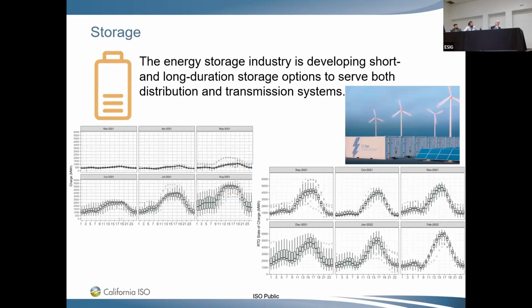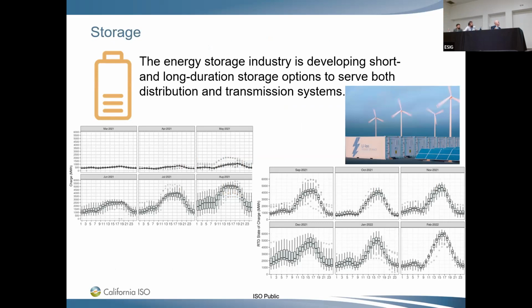The other technology source that we're seeing grow on the system is energy storage. This is the large scale energy storage on the system, not the co-located energy storage. This is looking at the charge profiles of those resources. This was March of 2021.